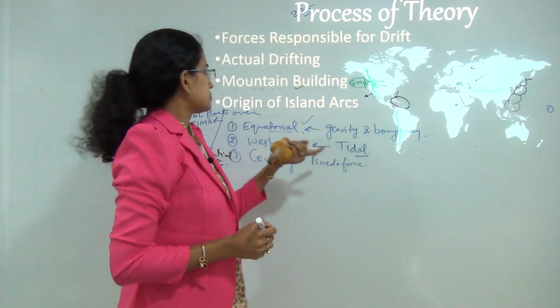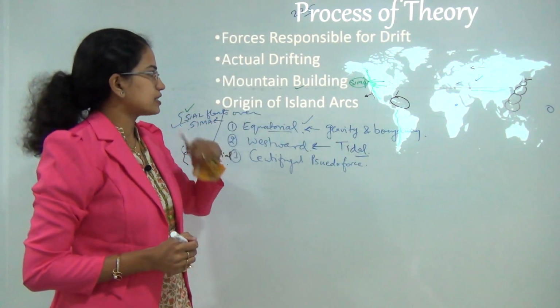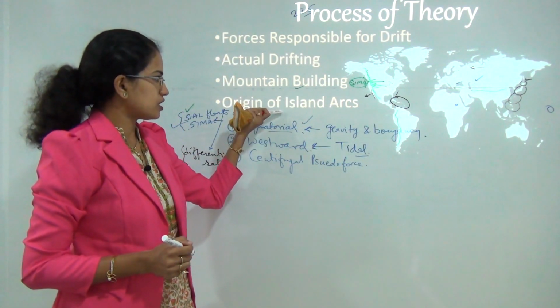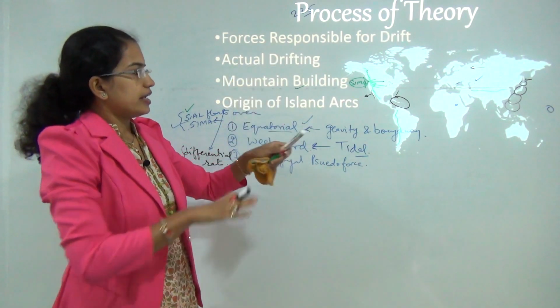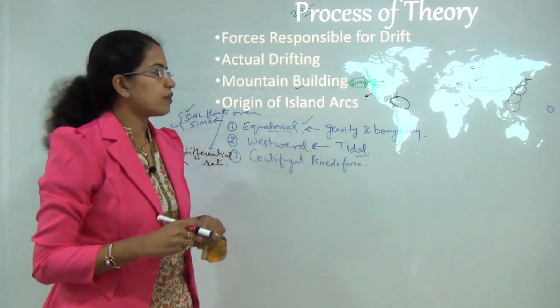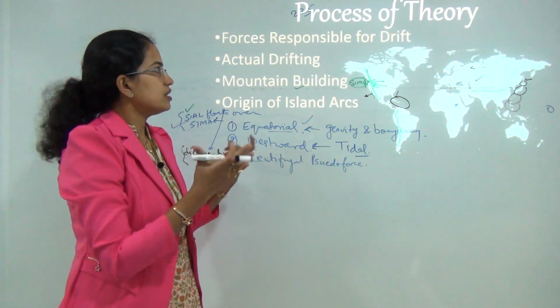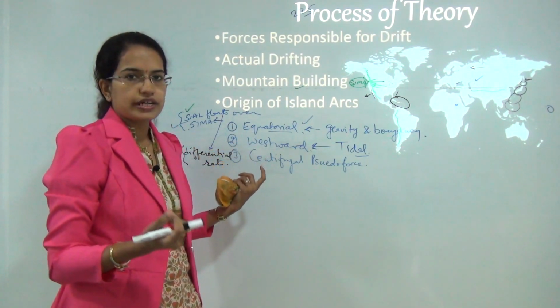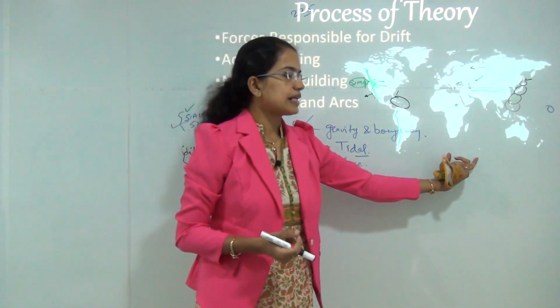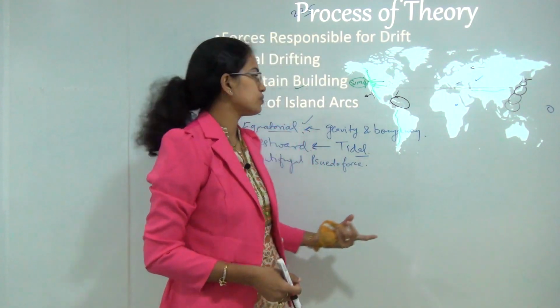So he tried to explain the concept of mountain building. He tried to explain the concept of origin of island arcs. He explained what were the forces responsible that led to the drifting of the continents and the formation of the present day world as it appears to be.